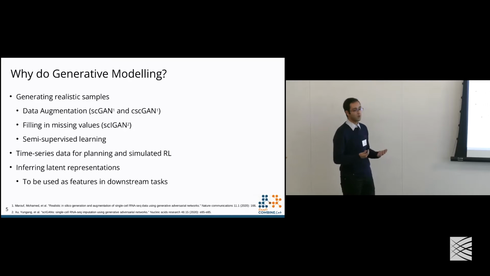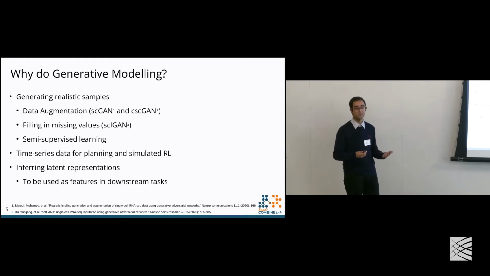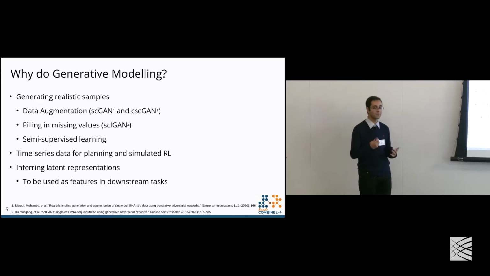The second thing that generative modeling can solve is filling in missing values. Once again, in the context of single cell, if you think of dropout events as being these missing values because of low mRNA abundance, most methods that exist try to borrow information from neighboring cells to make some statistical assumptions about what the dropout probability is, for example, for a cell.